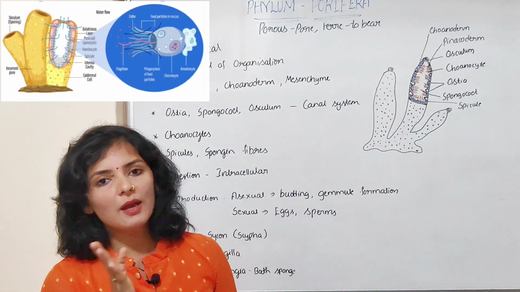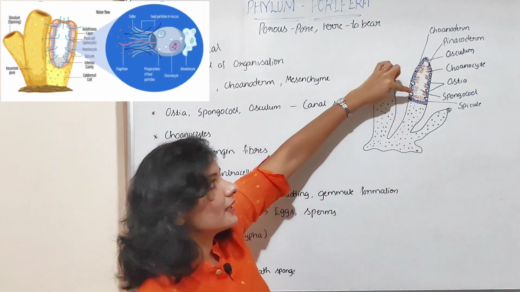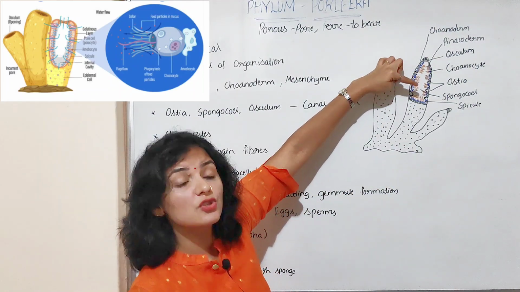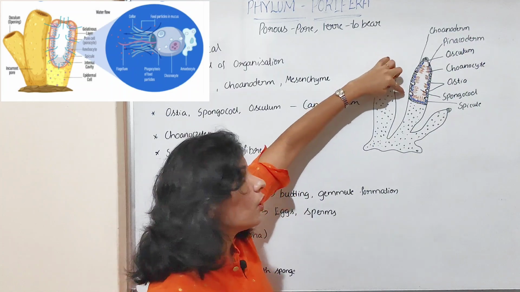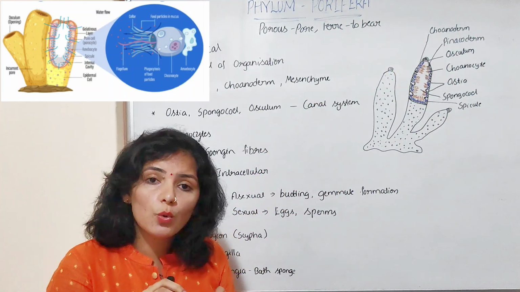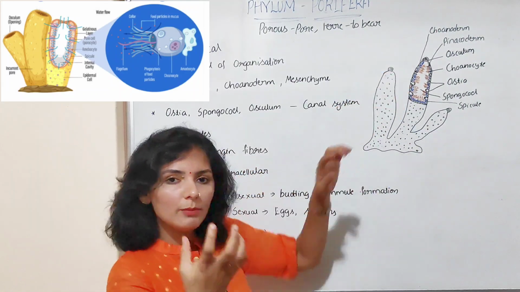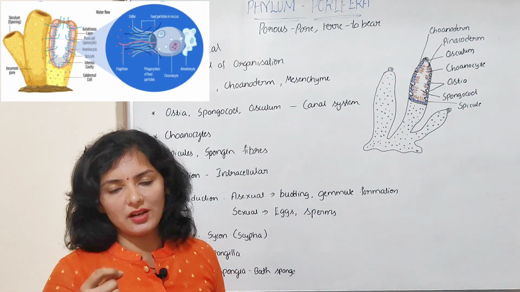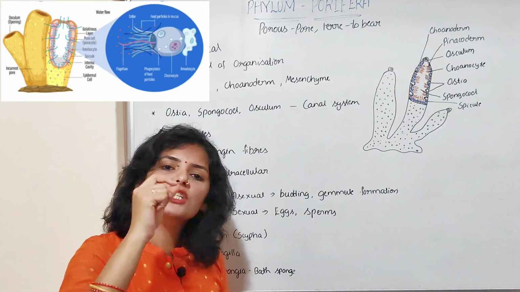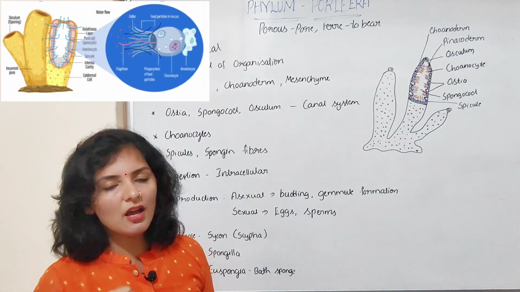Upon beating of the flagella, it creates a water current inside the spongocoel. Because of this water current, water enters through the ostia into the spongocoel, and this water carries food particles in it. These flagella have small microvilli which collect the food particles present in the water current.